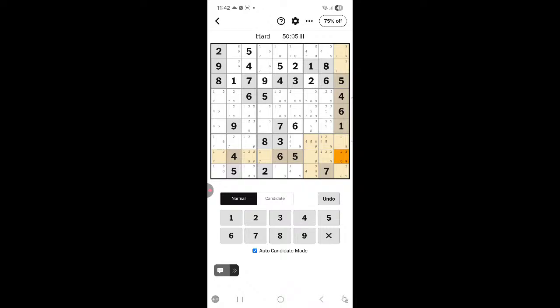If 2 and 8 must be in that box, right? This box row must be the 2 8. Because it doesn't go anywhere else, then remove the 2 from other candidate middle box. Right? It's the only way you can get it in this row.